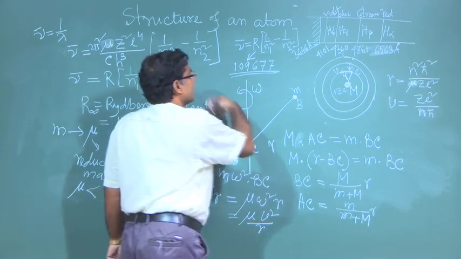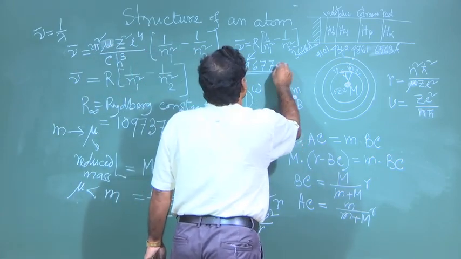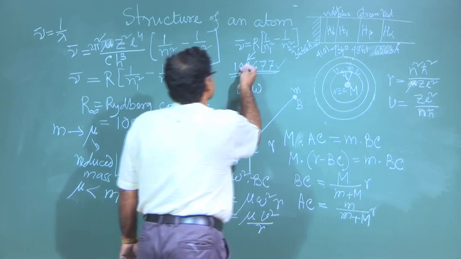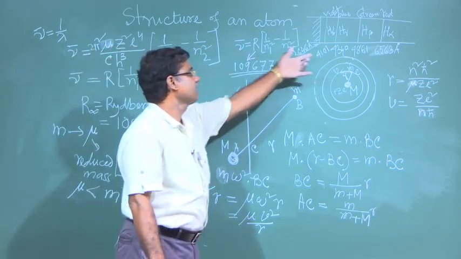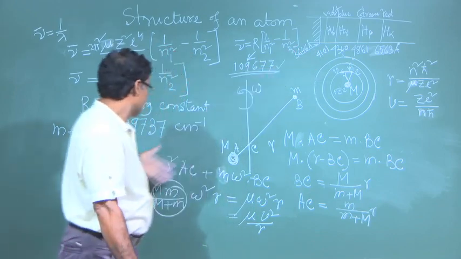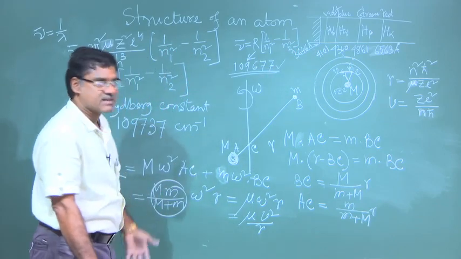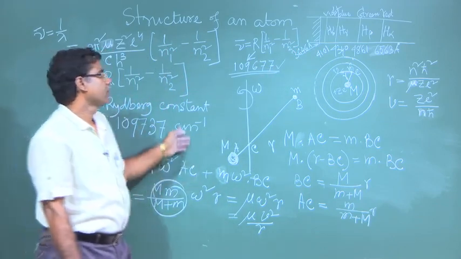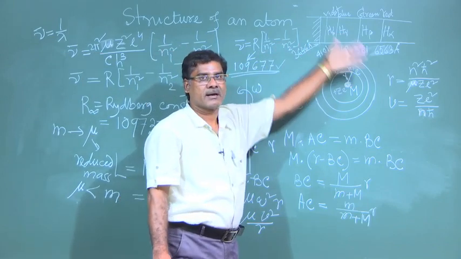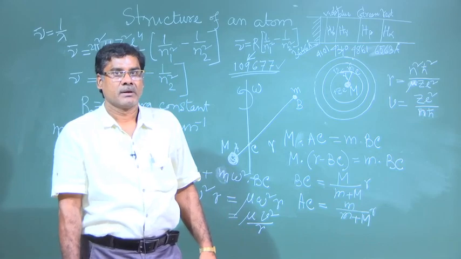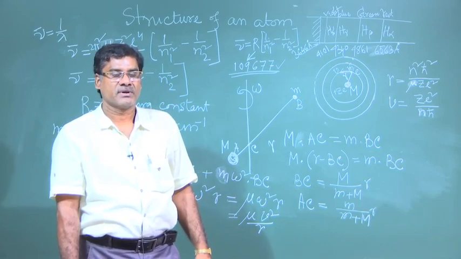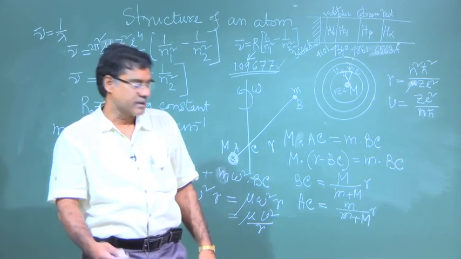You get the reduced mass, and then it will give you exactly the Rydberg constant which is experimentally found. And from Bohr theory, for the first time, the hydrogen spectra was explained. Okay, so I will stop here and continue in the next class. Thank you.